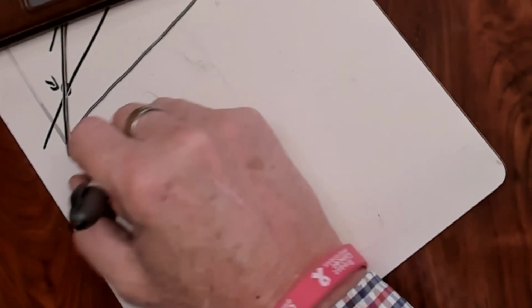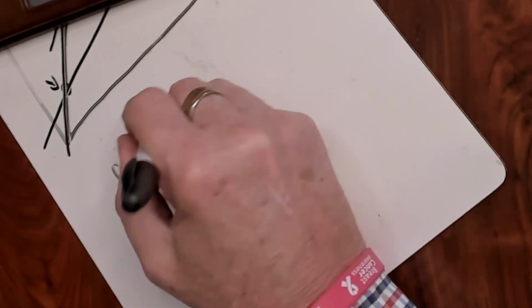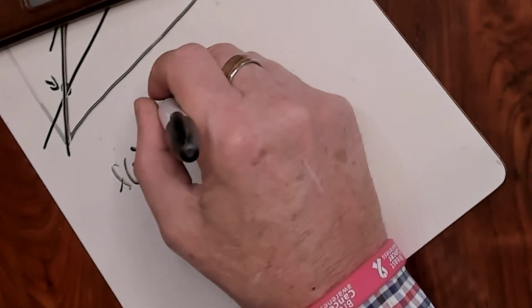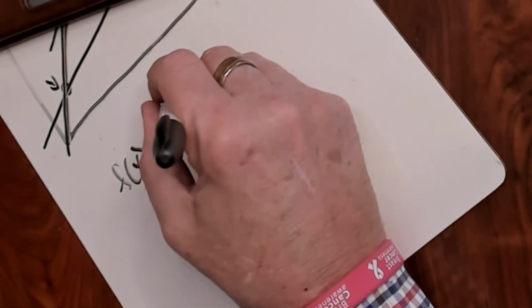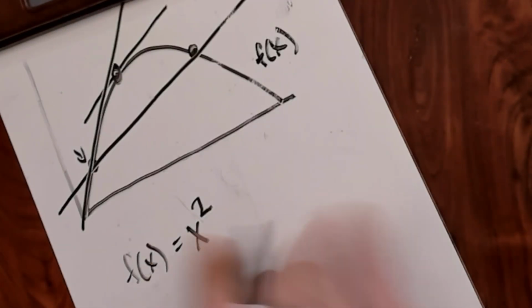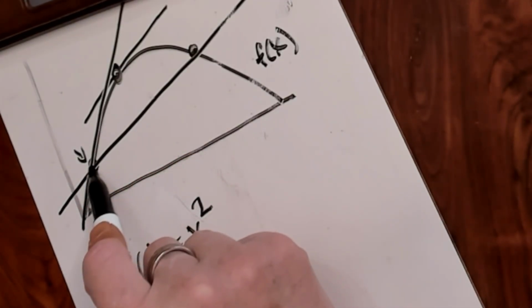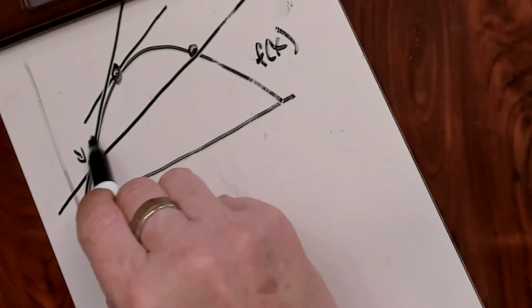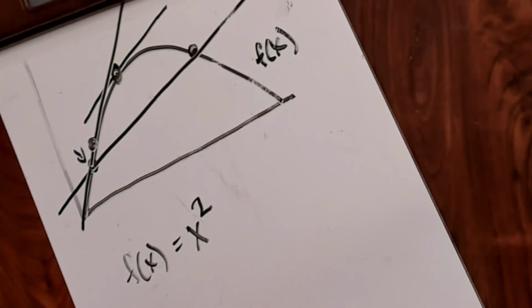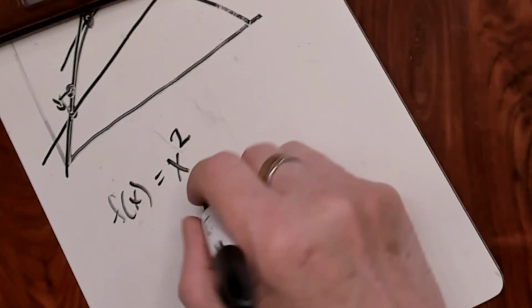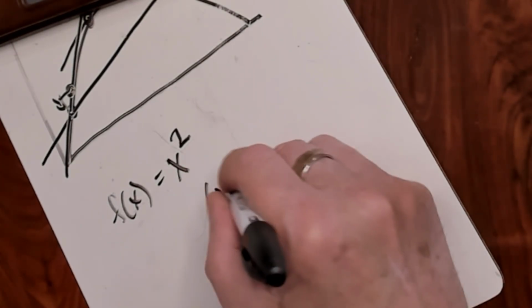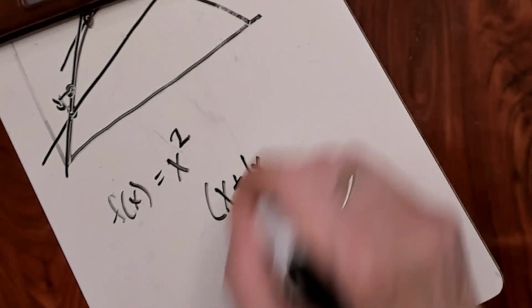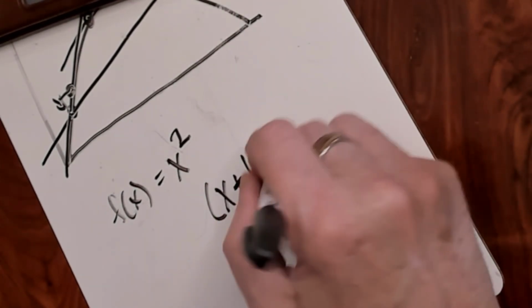So let's say that we have a function of x equals x squared. If this is point x and we want to figure out the tangent at this point, we want to move to another point just past it. So if instead of using x, we use x plus a little bit, we'll call it dx because delta's got a big D with it.